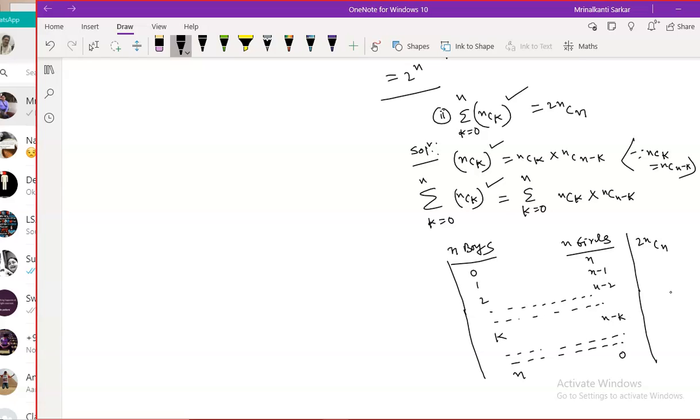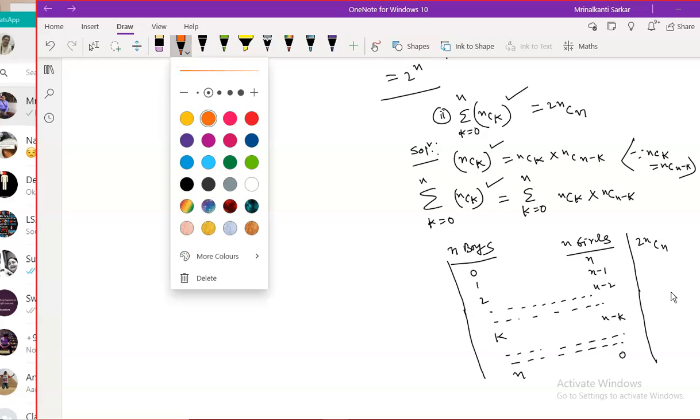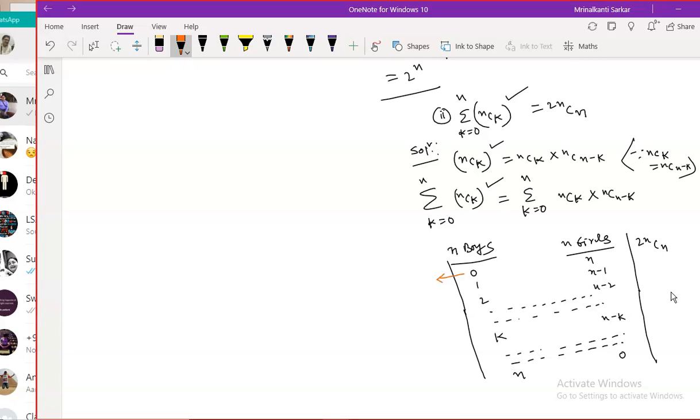This selection can be done in nC0 times nCn ways. 1 boy and n minus 1 girls can be done in nC1 times nC(n minus 1) ways. 2 boys and n minus 2 girls, in nC2 times nC(n minus 2), and k boys and n minus k girls similarly. So these are all either-or cases.